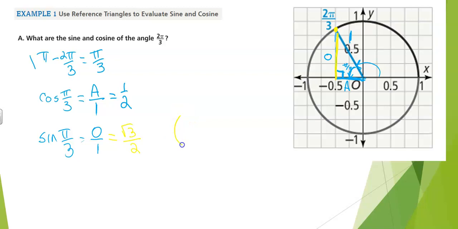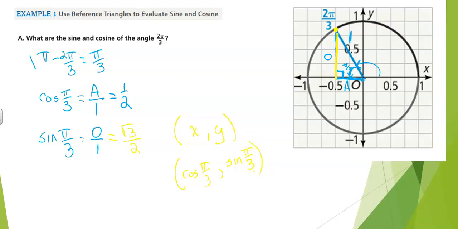So the x value right here, and the y value is a, which we said was the cosine of pi over 3. So the x value is associated with the cosine of pi over 3, and the y value is associated with the sine of pi over 3 in this case.